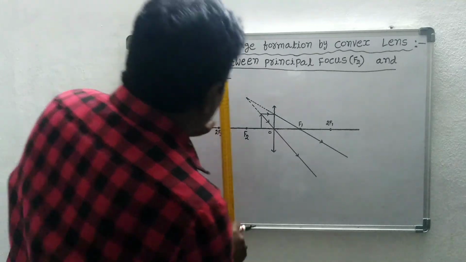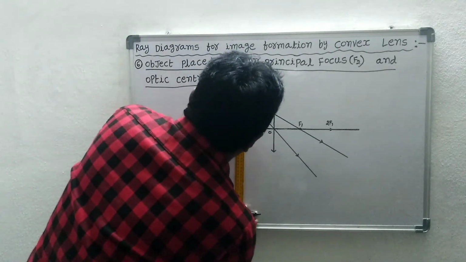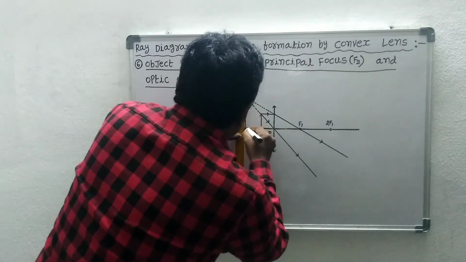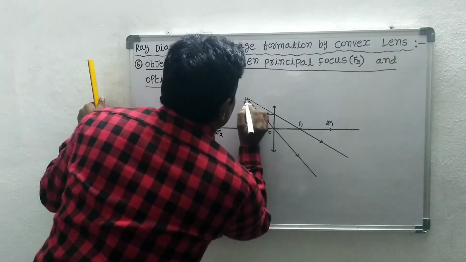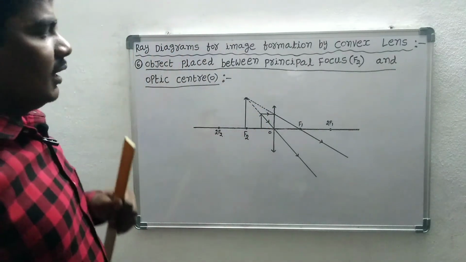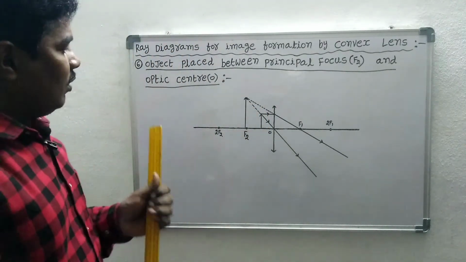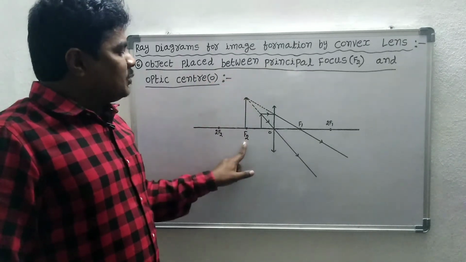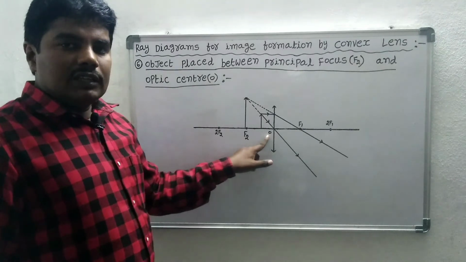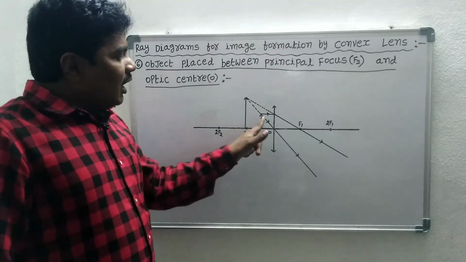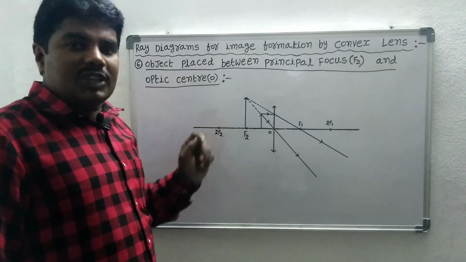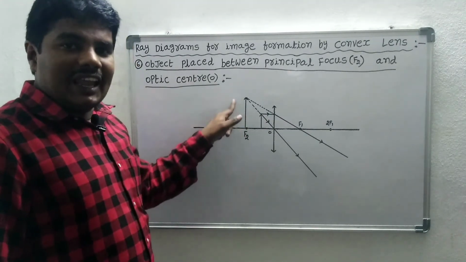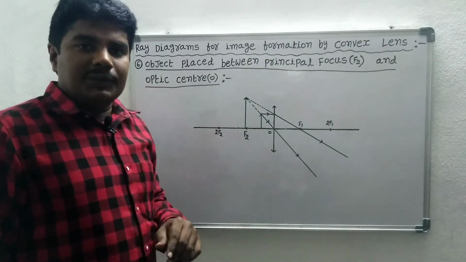So the image is formed here. This is the image. So when the object is placed between principal focus and optic center, the image is formed on the same side of the object, and that image is virtual, erect and magnified.